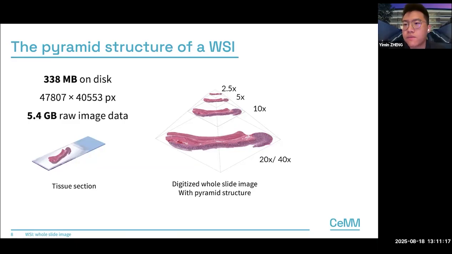So we can store different zoom levels of the image in the same file. When we want to look at the image, we don't need to open the 20x immediately. We can just start from a very high level of zooming. This consumes less memory and allows us to work with this type of image.